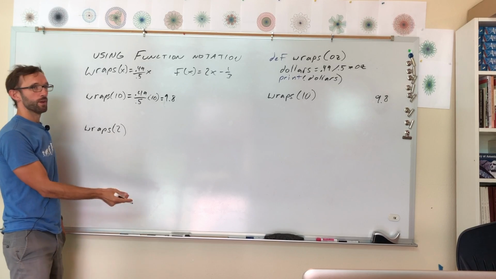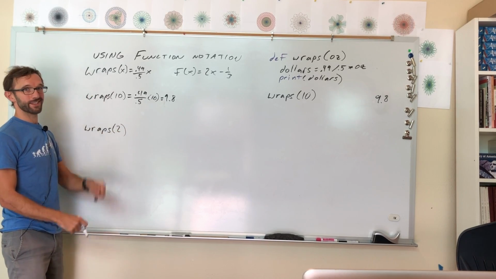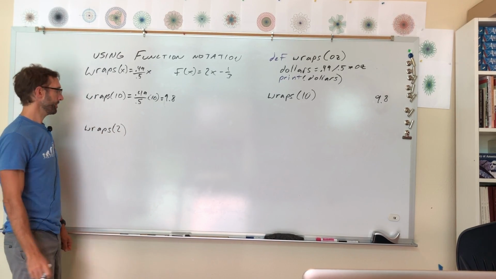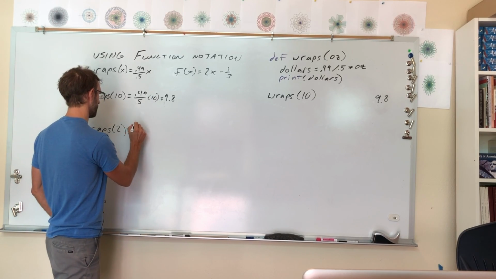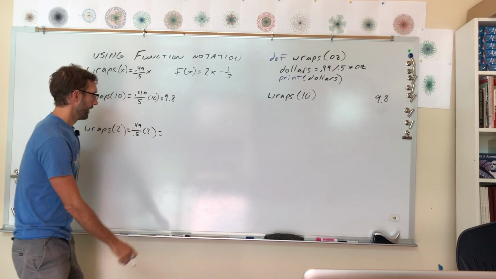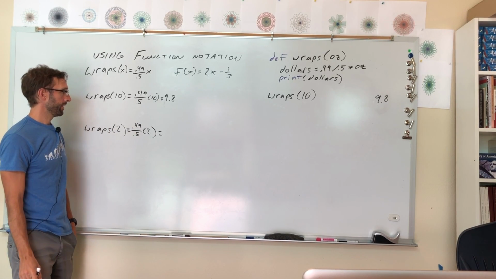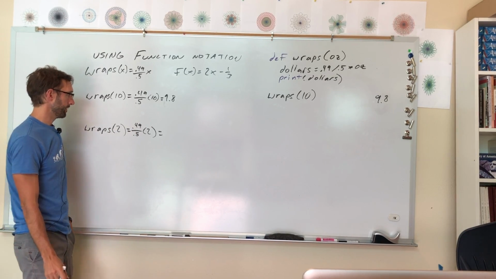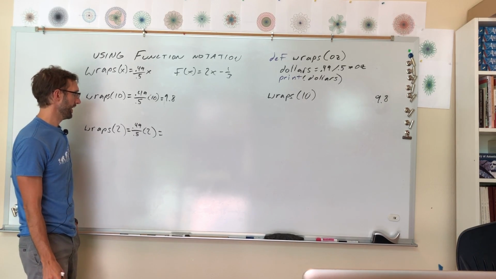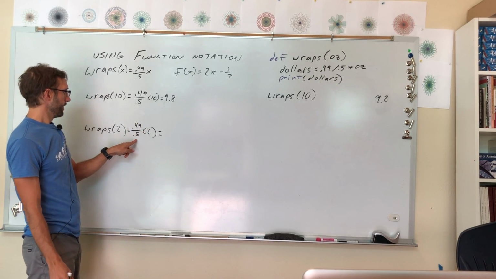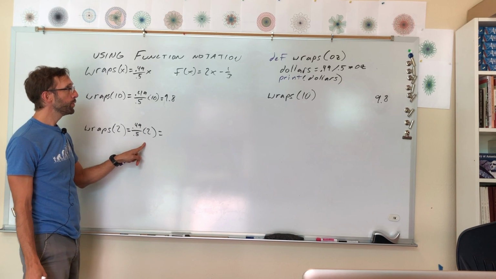Wraps of 2. We substitute 2 in for x in our function. And then we go ahead and get that. Oh, geez, I'm embarrassed. I don't know this one off the top of my head. But let's see. This is going to be 0.98 times 2.